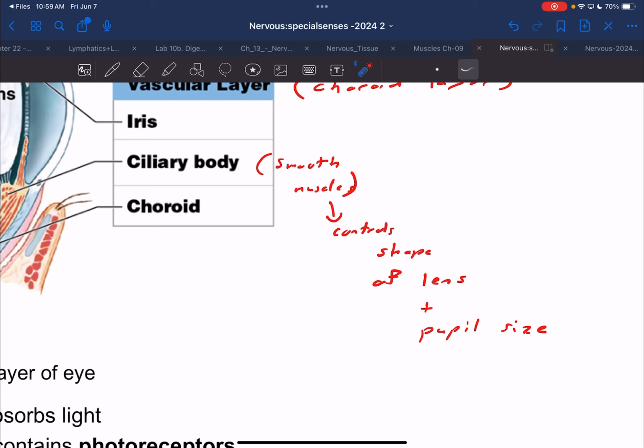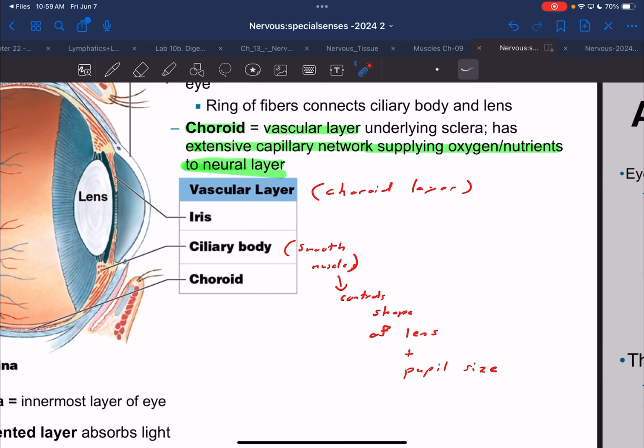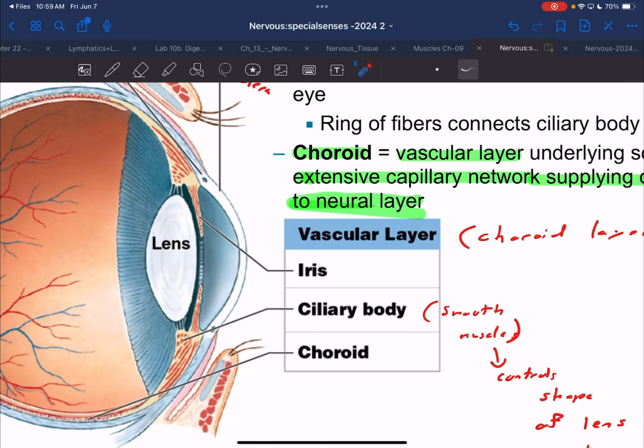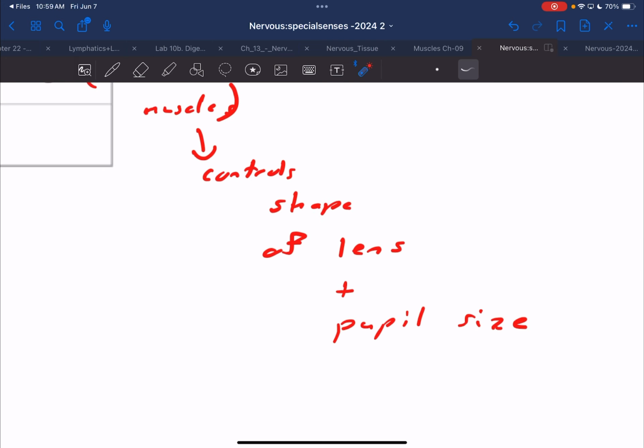Yes. And so to the second part, pupil size, if we look very closely, our pupil is this opening right here where there's nothing. That's a pupil. It wouldn't hurt to label pupil here. You can see that it is connected to the ciliary body. The reason your pupils dilate is for two reasons, and that's kind of where I make a cutoff for our level here. This just controls the pupil size.